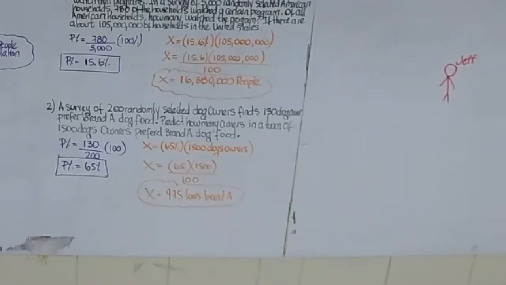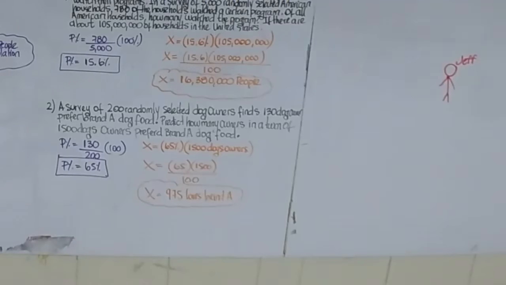The new P%, the people who hate brand A: if 65% love brand A, that means 35% hate brand A. So to find the new X value, it's the same thing, but instead of 65 we use 35. 35 multiplied by 1,500 dog owners divided by 100.